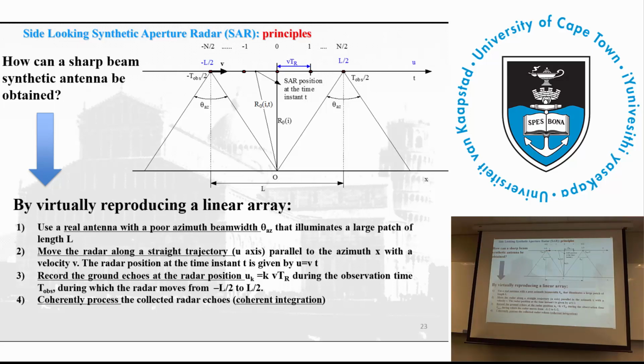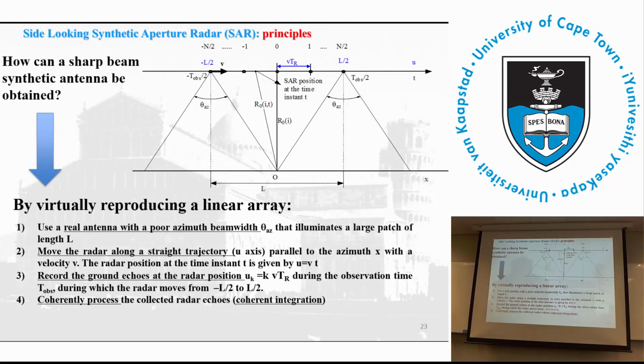It's virtually like you're moving here, taking a snapshot, moving here, taking another snapshot. It's not really like that, but the velocity of the electromagnetic wave compared to the velocity of the platform is so much larger that you can assume that it happens at a stationary position.